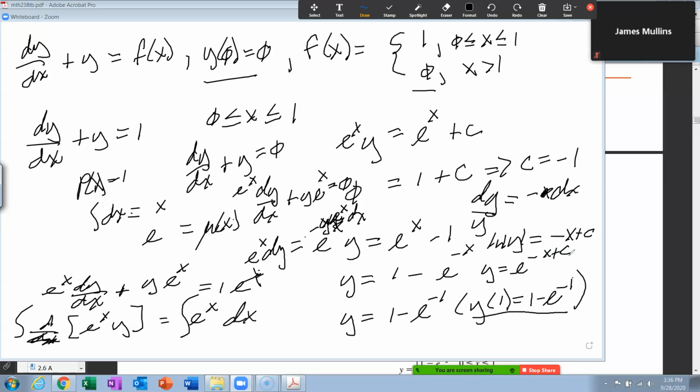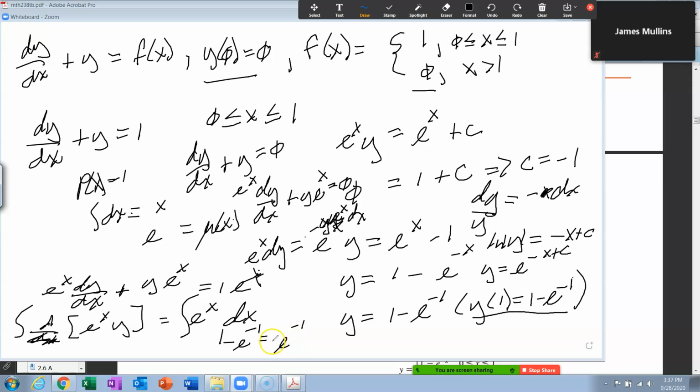Okay, and when x is equal to 1, y is equal to that. So you get, I'm running out of room, this is getting all crossed up. 1 minus e to the minus 1 is equal to c e to the minus 1.